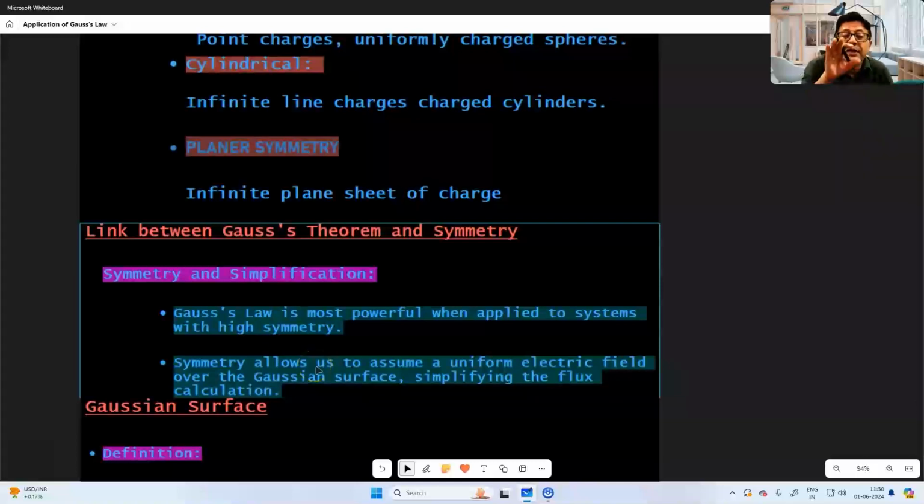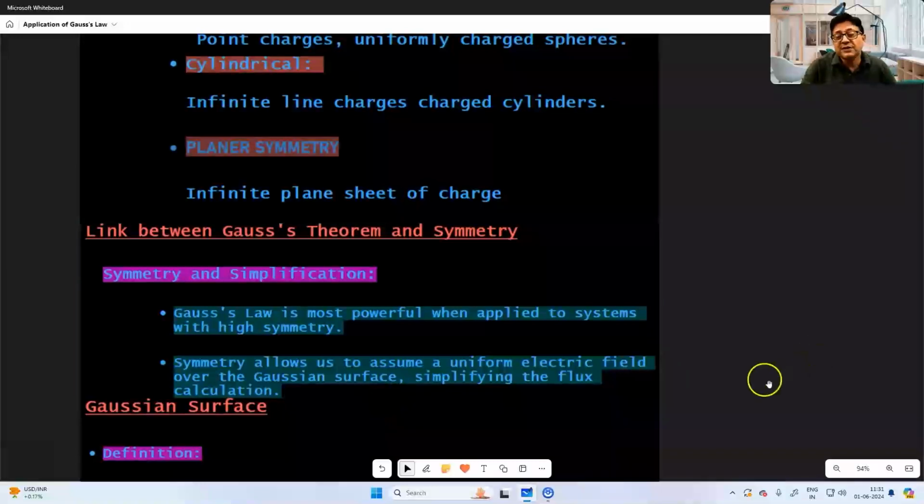Because symmetry will allow us to assume a uniform electric field over the Gaussian surface, simplifying the flux calculation. Our main aim is to calculate flux. Then, in addition to that, electric field strength can be calculated. Yesterday I showed you one example, the charge distribution case also, how Gauss theorem helps. It is a nice example, I told you to remember.